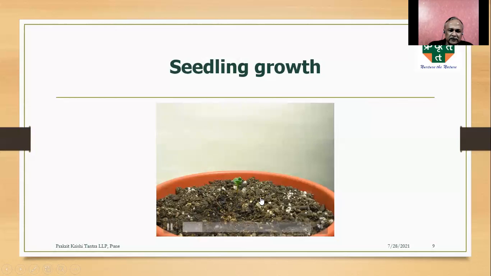At this stage, it is utilizing the stored food, and this is the first leaf. Then the next new leaf is coming out. From this new leaf, photosynthesis starts happening, and then it starts growing.